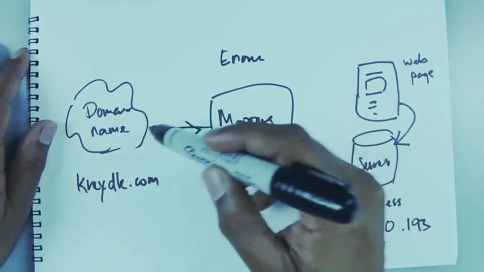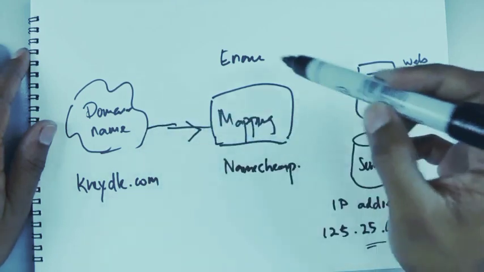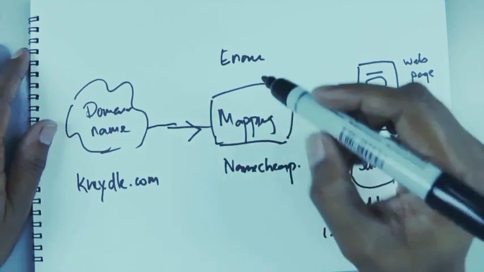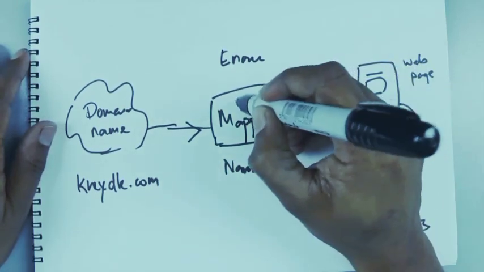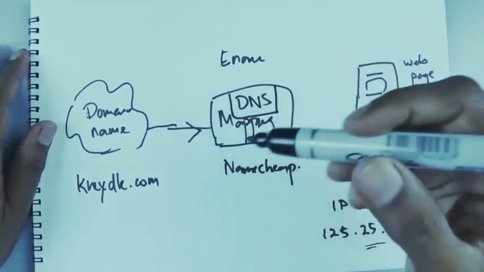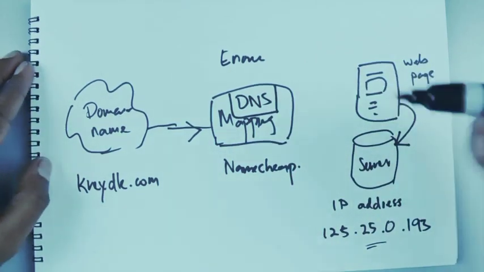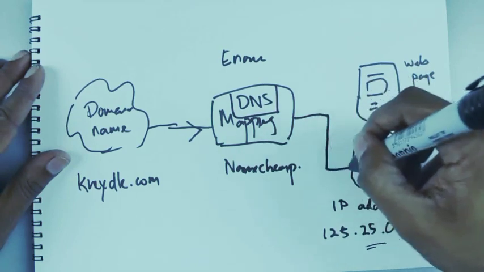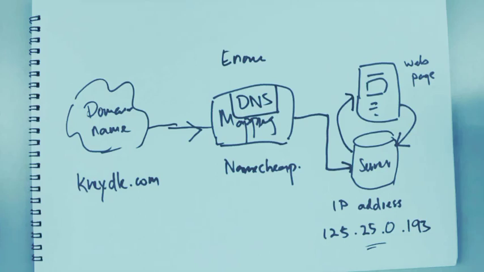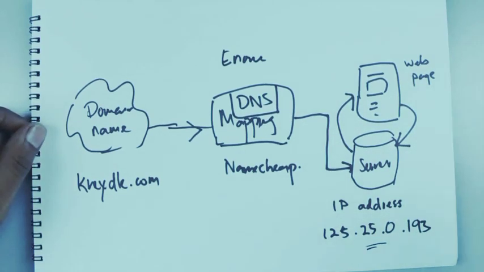So when someone types in cradle.com, they will actually be going to the mapping server, called a DNS server. It basically translates the words into the numbers and redirects your visitor to the server, and then they can view the web page.